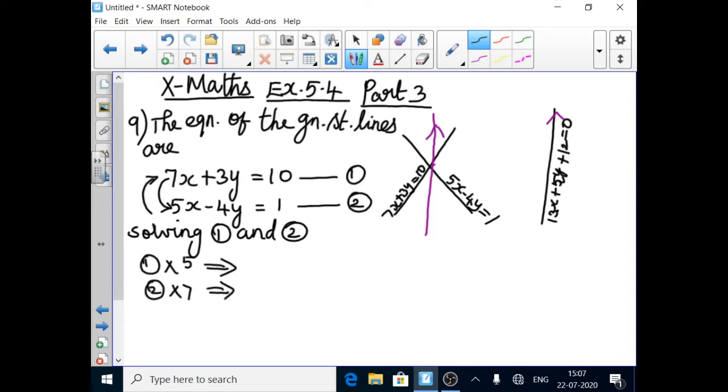First equation multiplied by 5: 7 fives are 35x plus 5 times 3, 15y, is equal to 5 times 10, 50. Next, second equation into 7: 7 fives are 35x minus 28y is equal to 7.